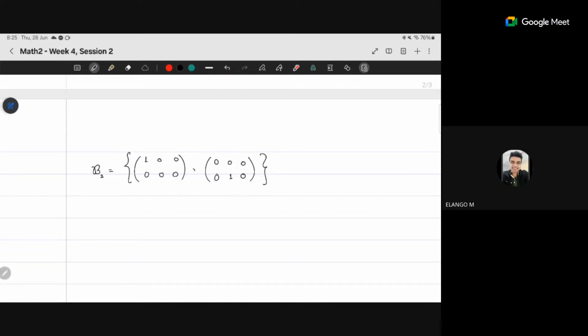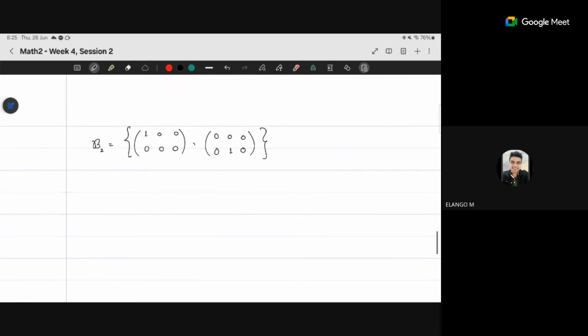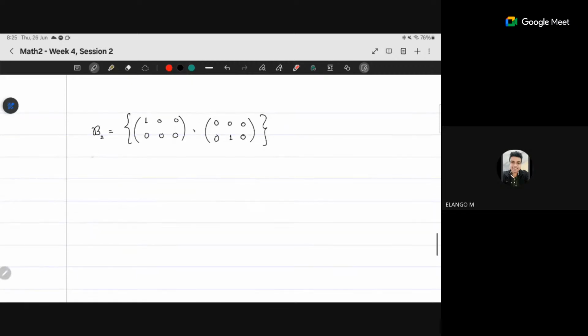But that is not happening over here. Do you understand the point that I'm making? So both our attempts have failed because, for example, 0 0 1 0 0 0 does not belong to the span of P2.